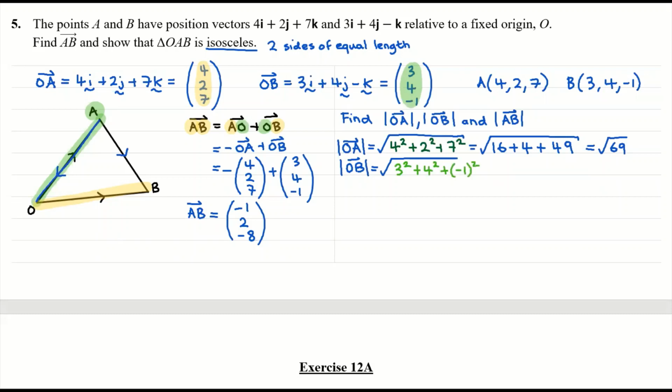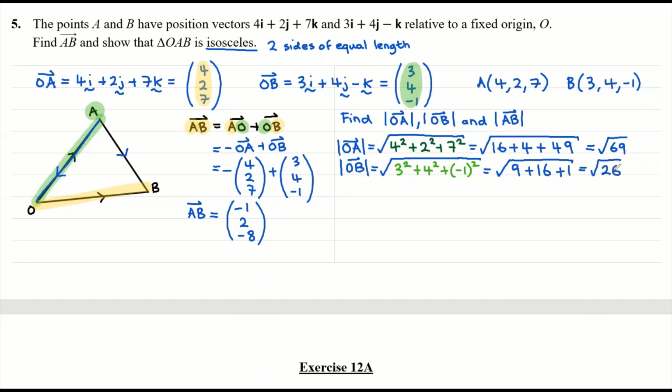I'm just going to extend my square root. So this is going to be the square root of 9 plus 16 plus 1, which is equal to the square root of 26.